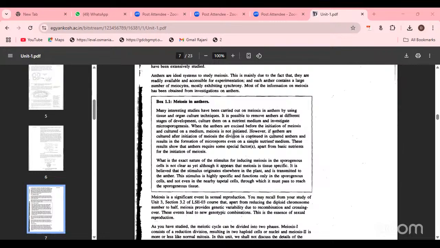Then, on a nutrient medium, investigation of microsporogenesis: when the anthers are excised before the initiation of meiosis and cultured on a medium, meiosis is not initiated in the cultured anther.